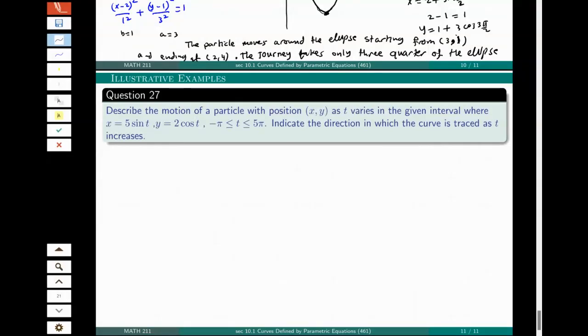Again, I will change it to the Cartesian system. I have x equal to 5 sine t and y is equal to 2 cosine t. So I will say here sine t is x divided by 5 and cosine t is y divided by 2.